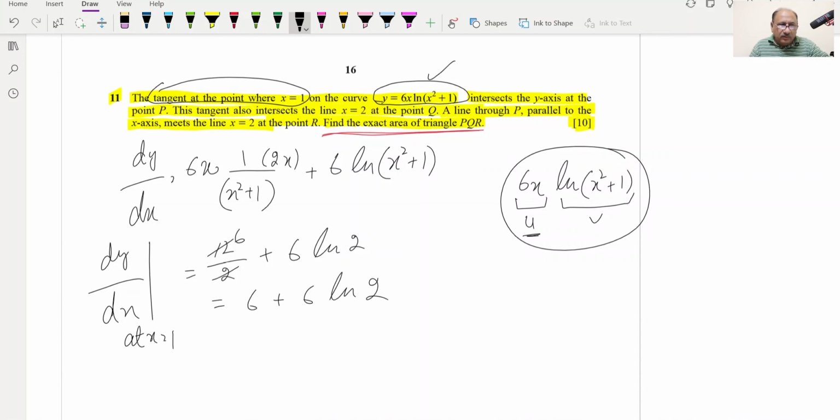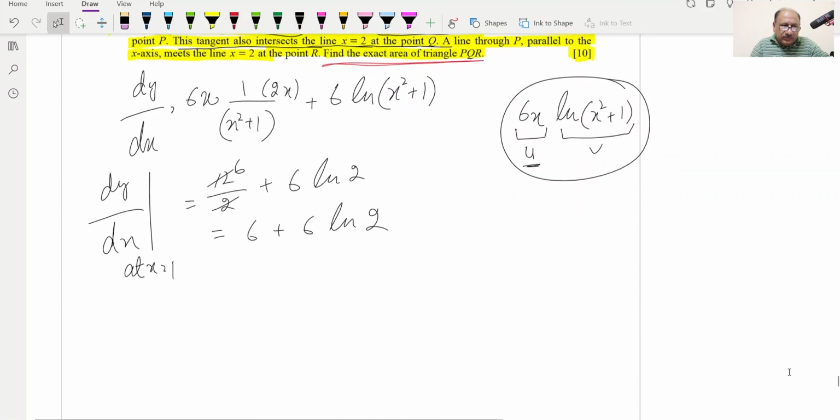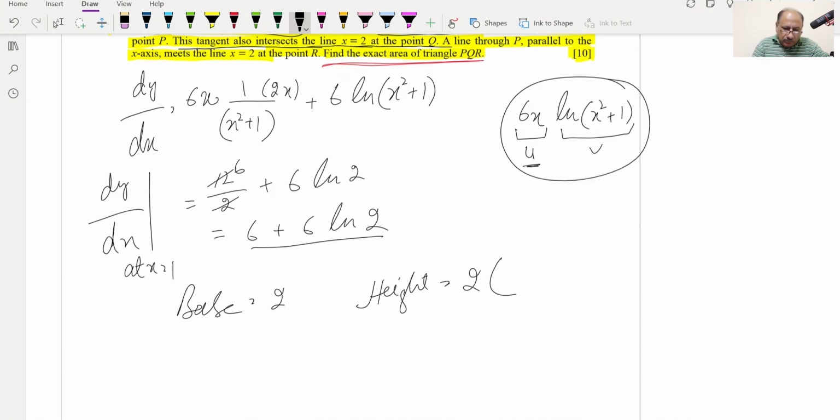And now we can see the tangent also intersects the line x is equal to 2 at the point Q. So base will be 2, and height will be what? Height will be 2 times this one, and this will be equal to 6 plus 6 into log of 2, and further we can open the bracket, so it will be 12 plus 12 log 2.